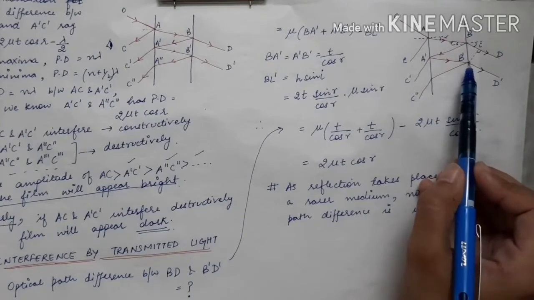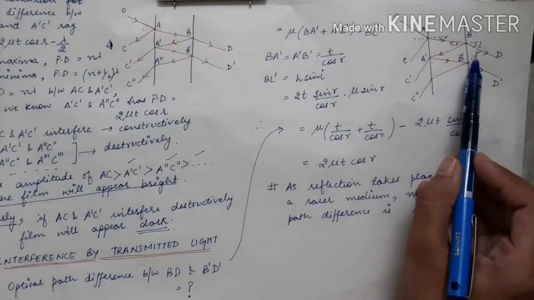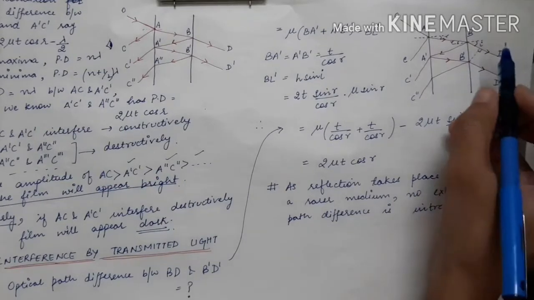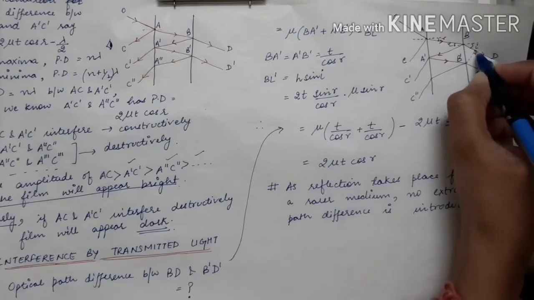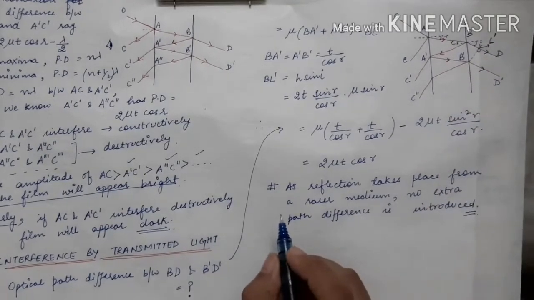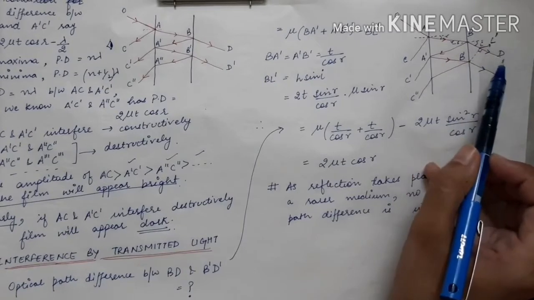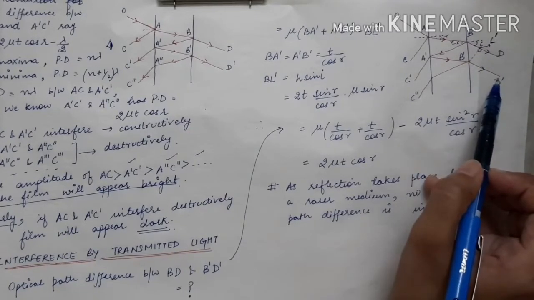We draw a perpendicular from point B prime on the ray BD, and let's say this point is L prime on the ray BD. So the path difference between L prime D and B prime D prime will be the same.